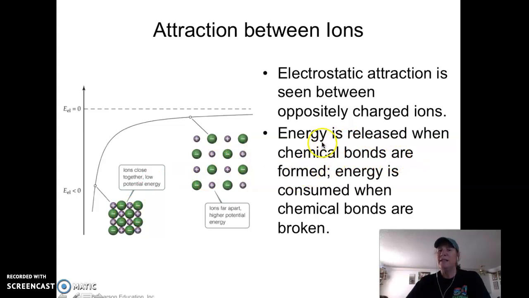Basically, when you form a bond, they're more organized, so there's less energy there. And then when you break those bonds, that's when you get energy consumed. It takes energy to break the bonds, and when you form a bond, you get energy. Energy is released when a chemical bond's formed, because it's going from high potential to low potential energy. And when a chemical bond is broken, that's when your energy is consumed.